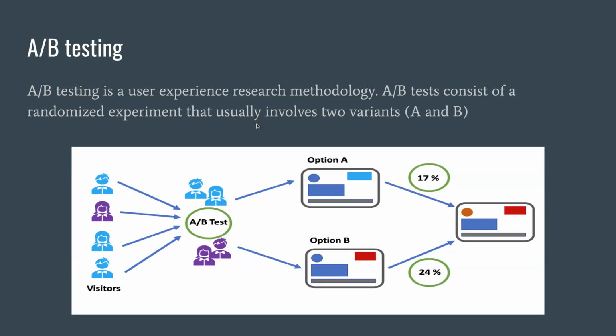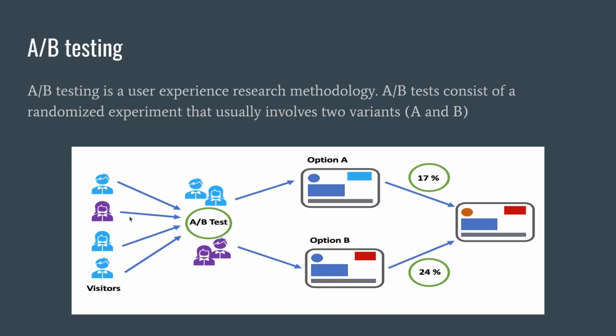A/B testing is also known as bucket testing, or split run testing, or split testing. It's a way of comparing multiple versions of a single variable. So to give an example, it could be testing a subject's response to variant A against variant B and determining which of the variants is more effective.